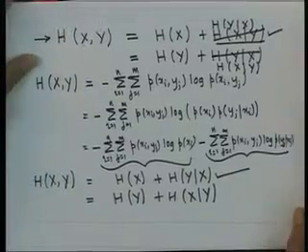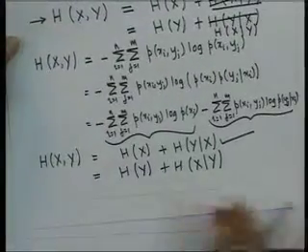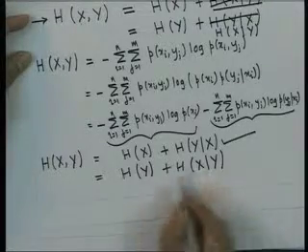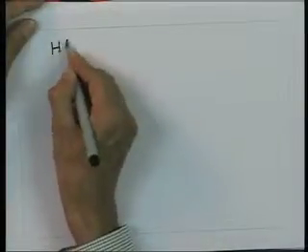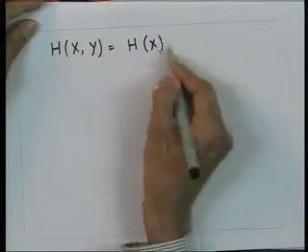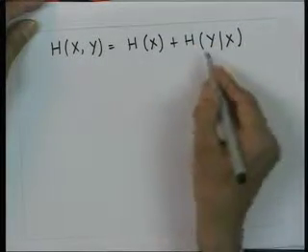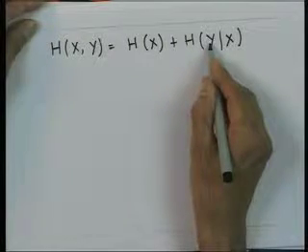Now, h of x given y is this quantity out here. If you look at h of x y, it is equal to h of x plus h of y given x. We just proved that this quantity is always less than the information in y alone.